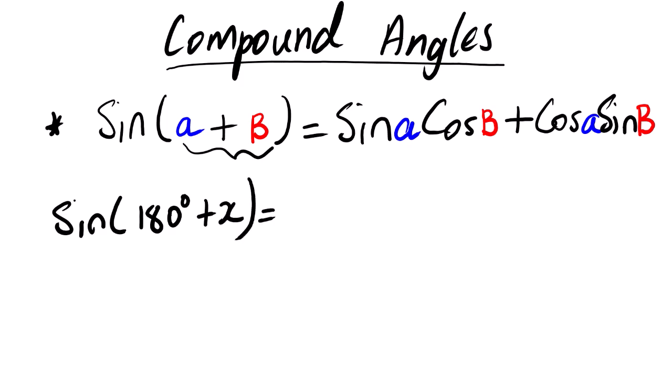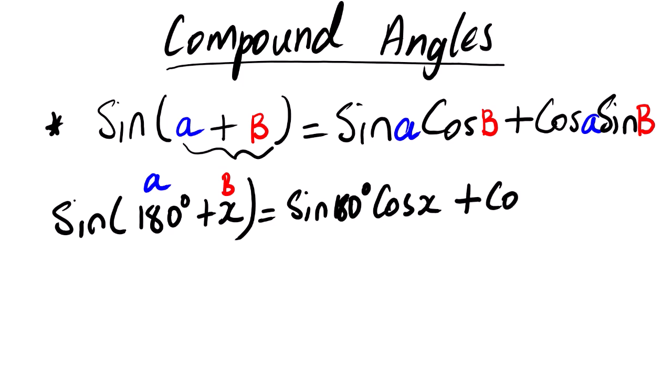This will be equal to, we take 180 as A, and then we take x as B. So it will be sine 180 cos x plus cos x. I mean it's cos 180, not cos x.